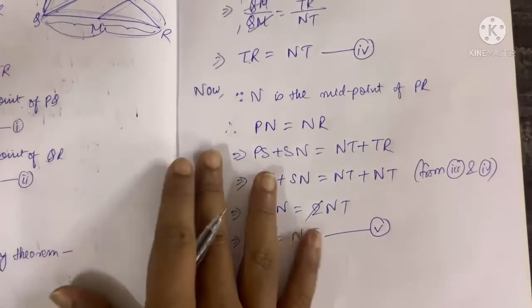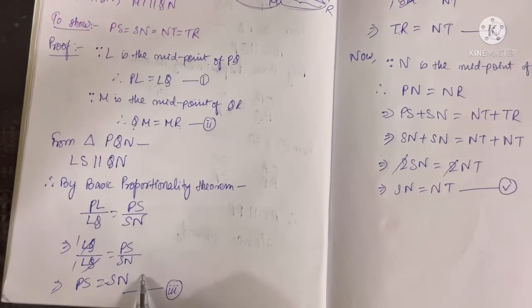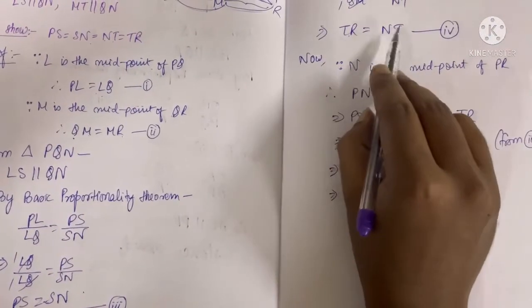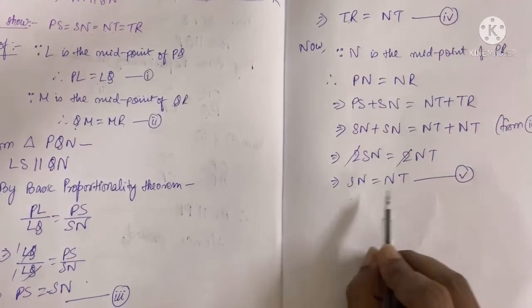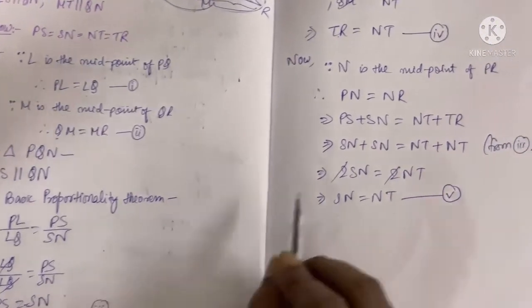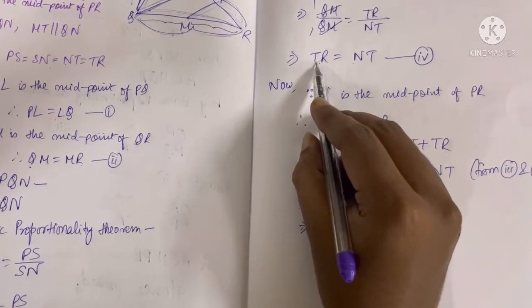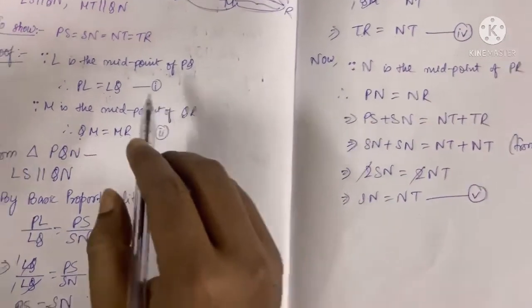Now let's look into the 3 equations that we have got. One is PS equal to SN, one is TR equal to NT, and one is SN equal to NT. So PS and SN are equal, SN and NT are equal, and NT and TR are equal. That means all these are equal.